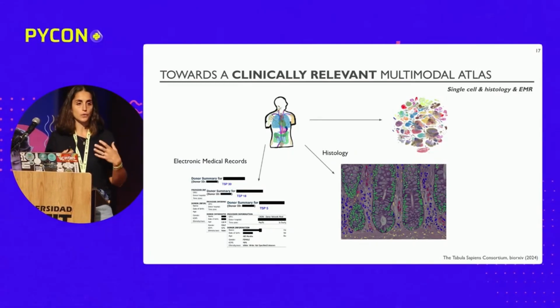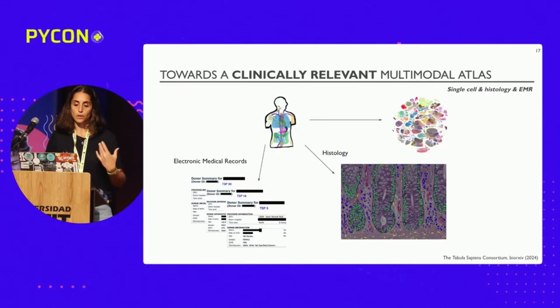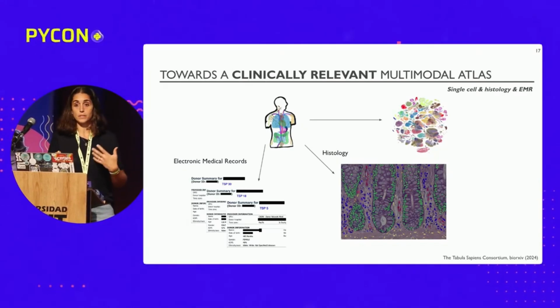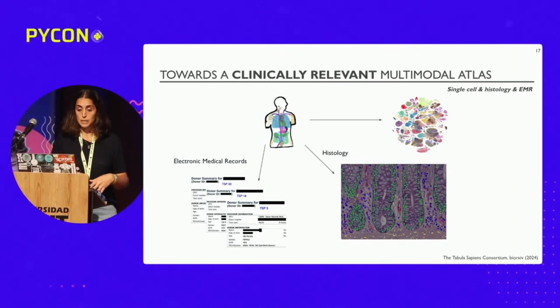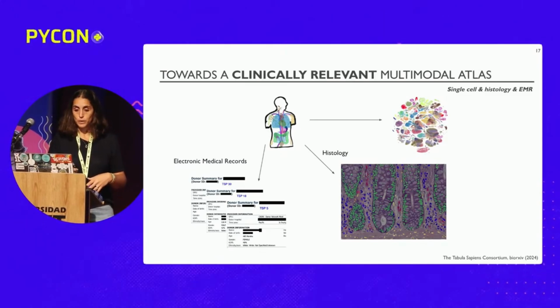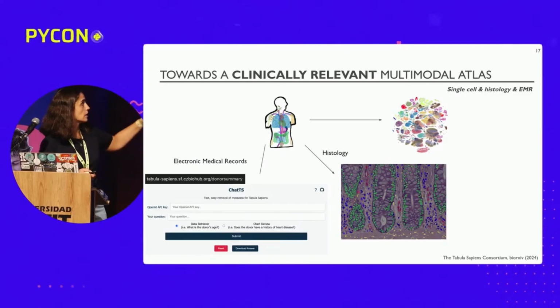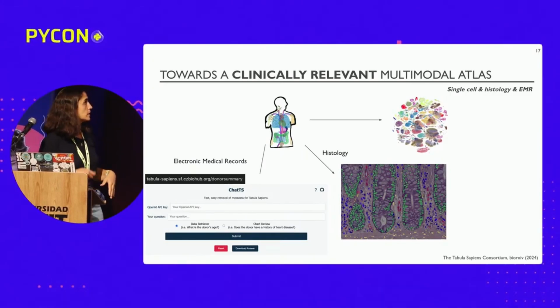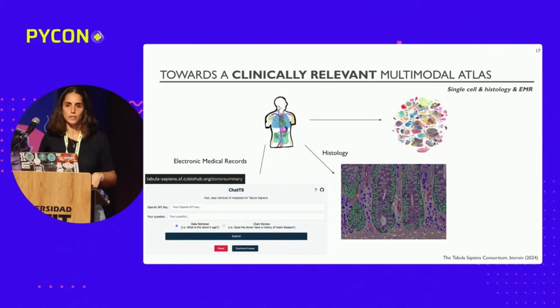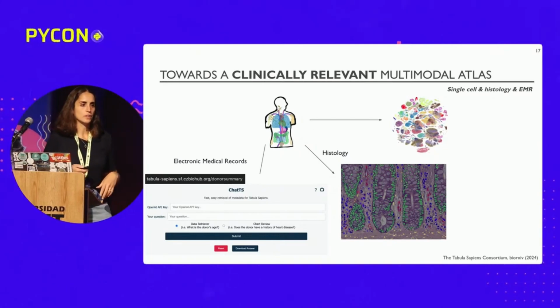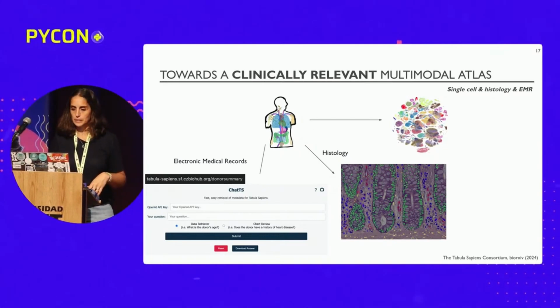So this offers another layer of information that can be really helpful for building more methods and for data science and machine learning. And if you would want to interact with the data, you can go to an application, you can get the link from the data portal where you can chat with the Tabula Sapiens electronic medical records.